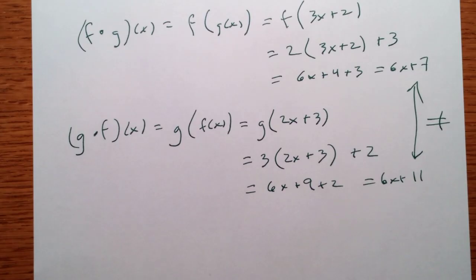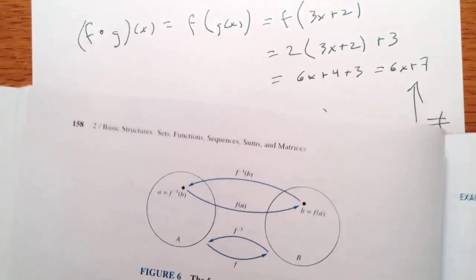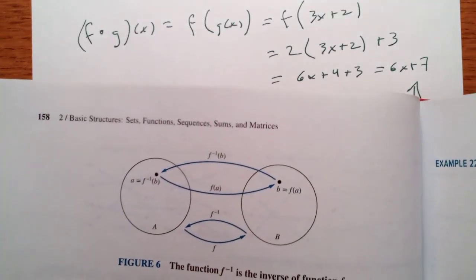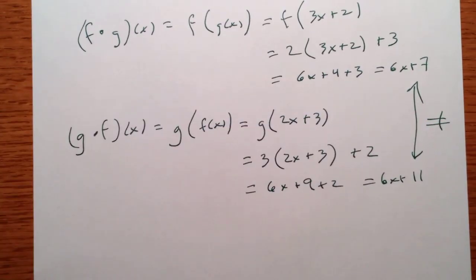Page 159. Here's my picture for f of g. Top of page 158, there's my picture for the inverse. You see how we're just turning the arrows the other way around? If a function has an inverse, we're going to call it invertible. A function that doesn't have an inverse is not invertible. As I said earlier, a graph is a set of points that makes a function true.